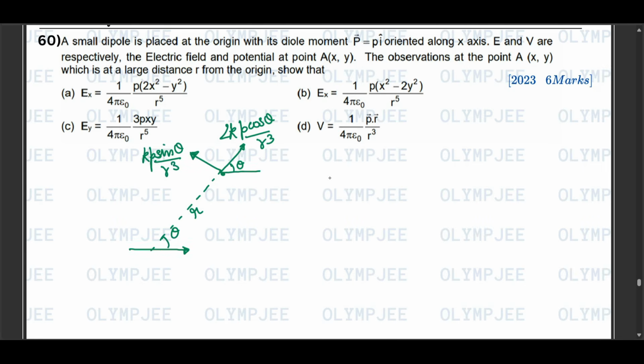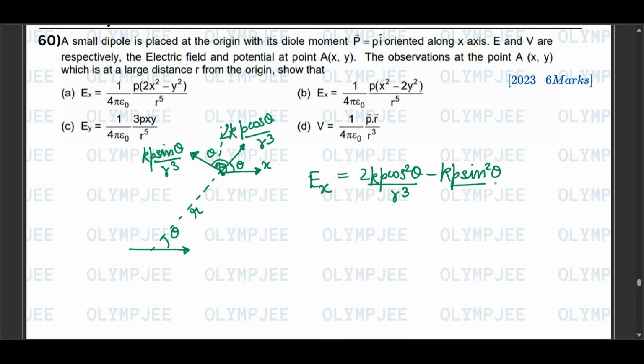So in x direction it can be given as 2 kp cos square theta by r cube minus kp sin square theta by r cube, because this is 90 minus theta and this is theta again because this is 90 degrees.